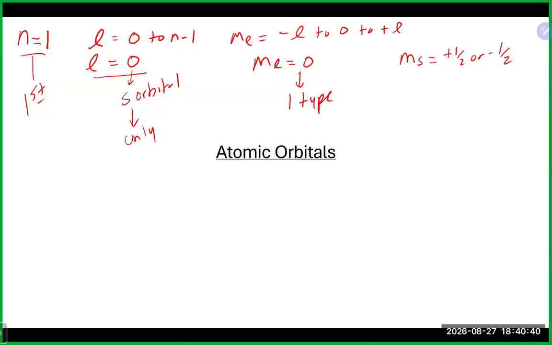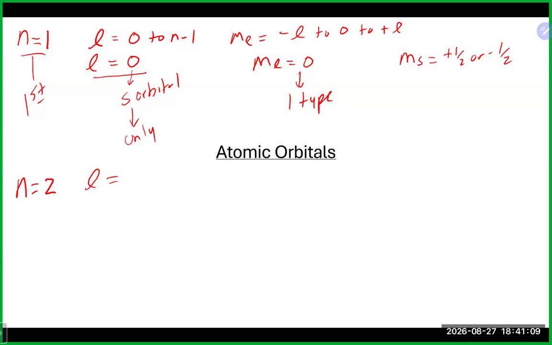And what that means is when we get to the very first energy level, that is where we see s orbitals. They actually appear on every energy level. You will have s orbitals on every single energy level. Because, for example, if I went to n equal to 2, what value of L can I have? n minus 1 in this case would be 2 minus 1, which is 1.